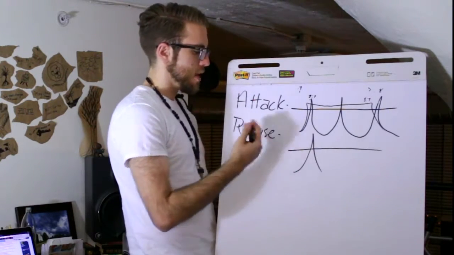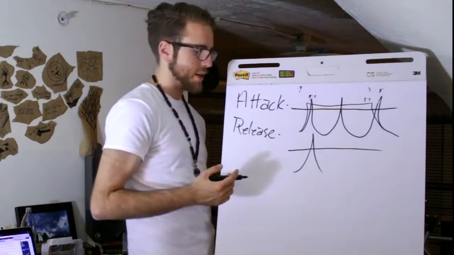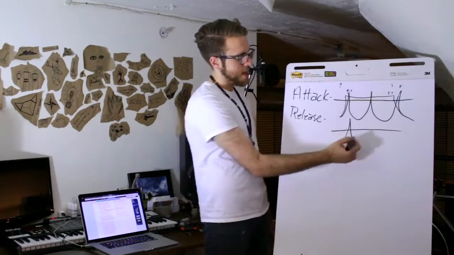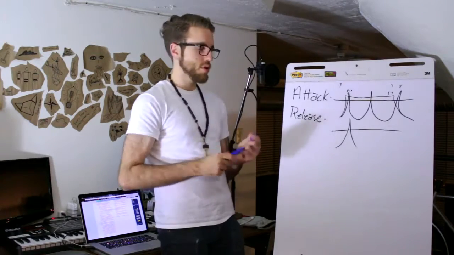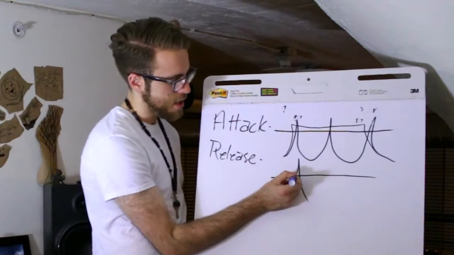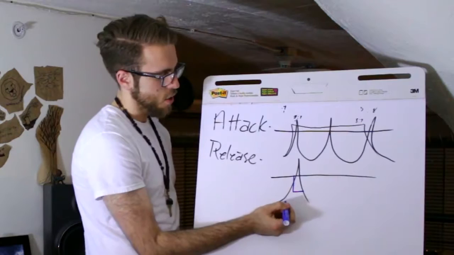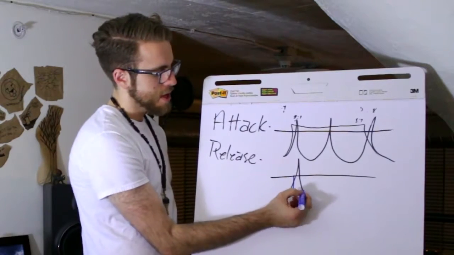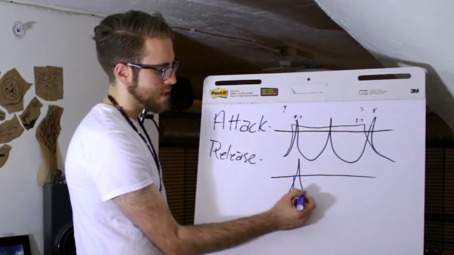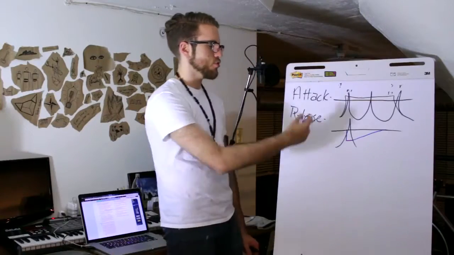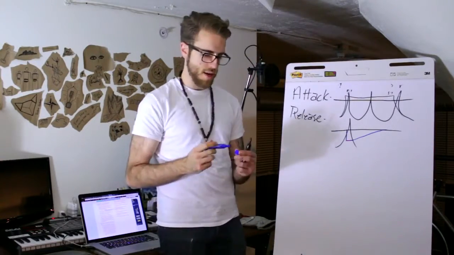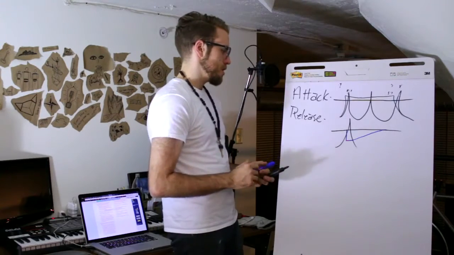Once it's back below, that release time, also set in milliseconds, defines the amount of time it takes that gain reduction to return back to 0. So if this blue is marking gain reduction, we have this peak, it automatically comes down and squashes that, it drops back below. Say I have a really long release time, it's slowly going to slope back to not reducing the gain at all. Cool.